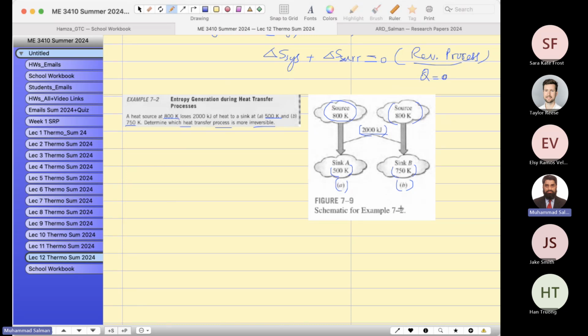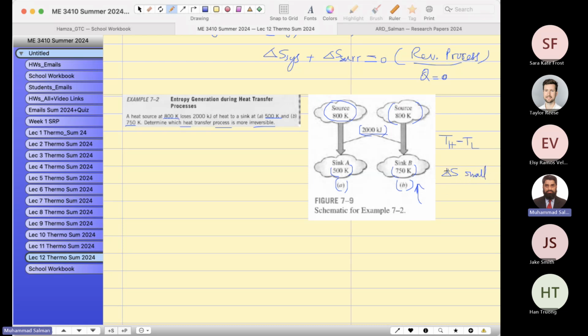I want to show you that when the temperature difference between the source and sink is small, not large, the change in entropy would be small.